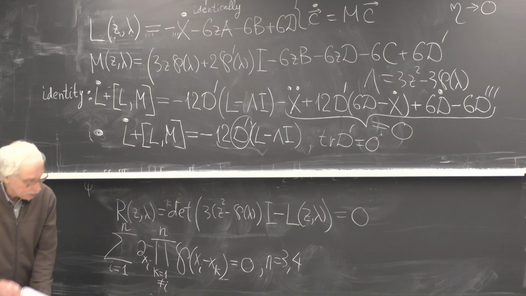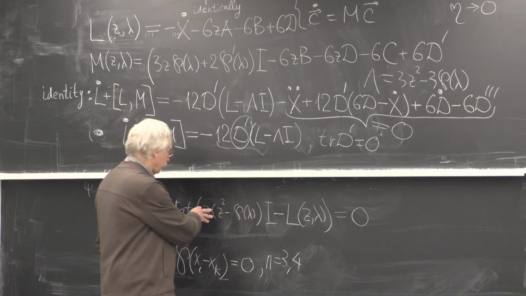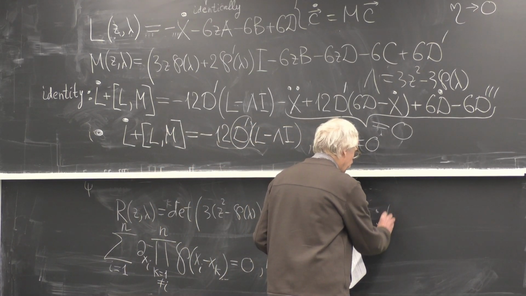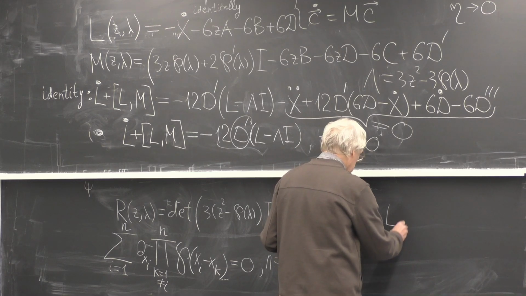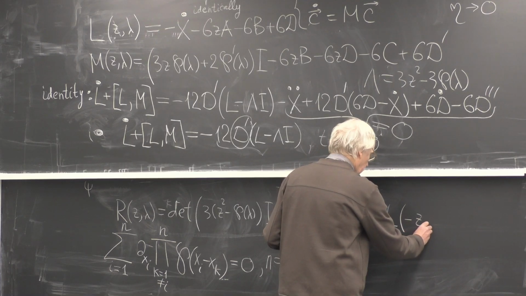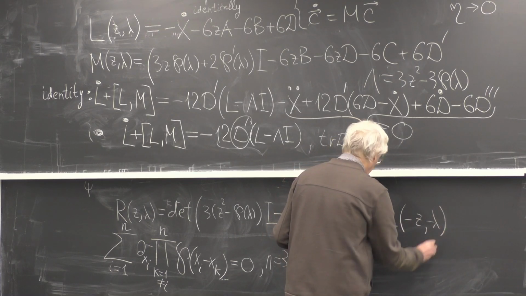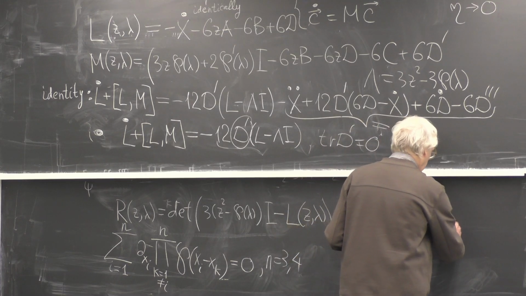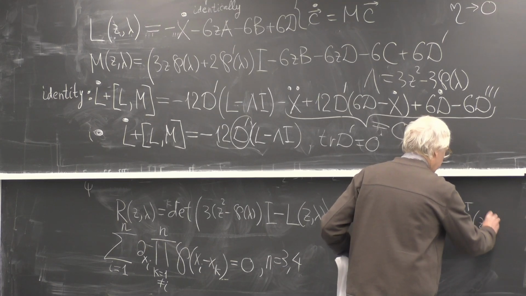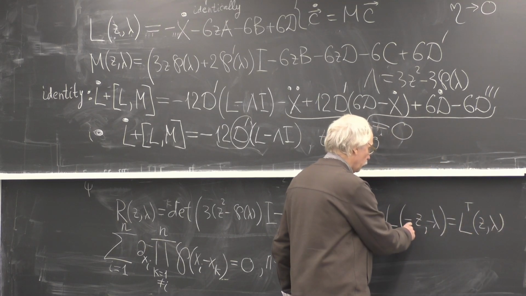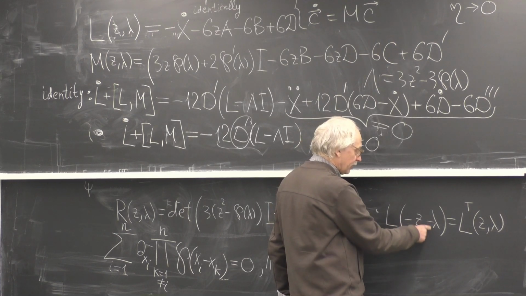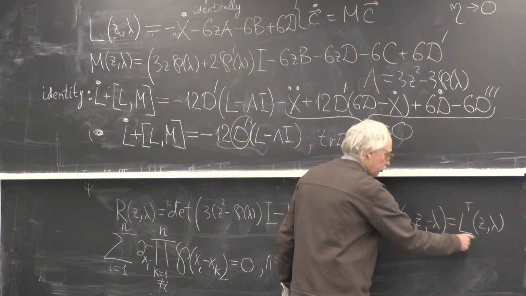And what about this spectral curve? It can be proved that, it is rather obvious that, the Lax matrix satisfies the following identity, that if you take the arguments with minus sign, you obtain the transposed matrix.